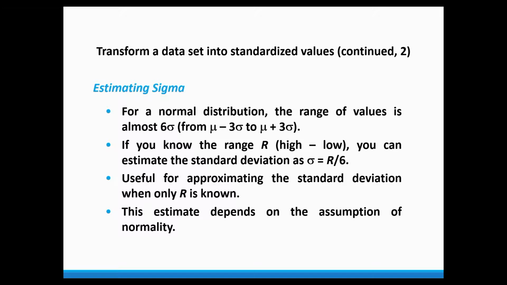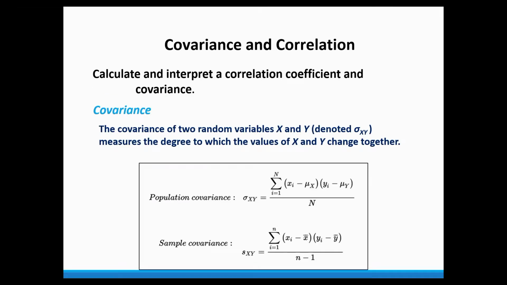At the end, we will consider how we can calculate the variance and standard deviation. We also have a very important measure of variability, which is called the covariance of two random variables.